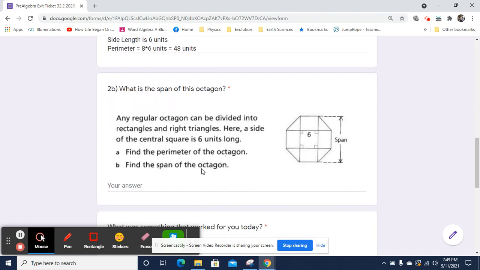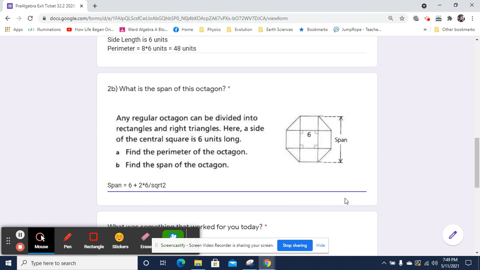The span's a little trickier. For the span, we certainly have this, which will be 6 units, but we need this and this. These are both going to be 6 over root 2. So the span is going to be 6 plus, and there are going to be 2 of those, 2 times 6 over square root of 2.